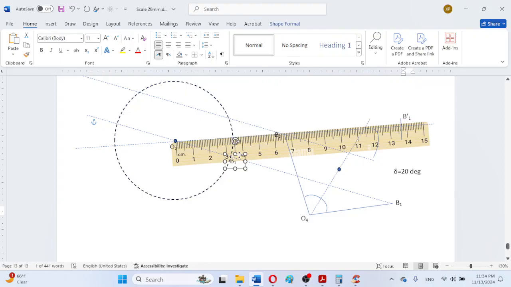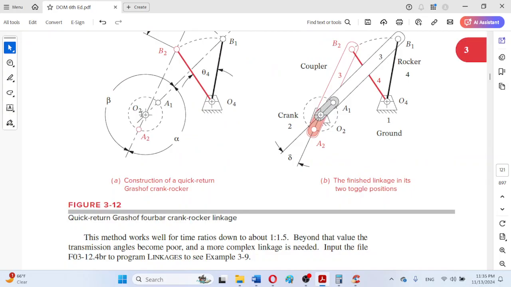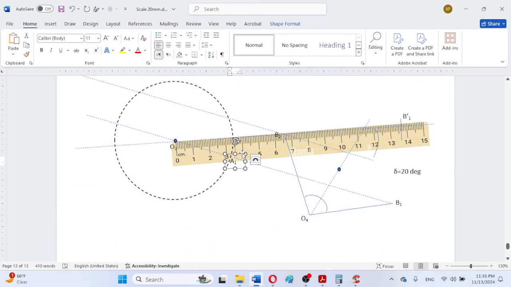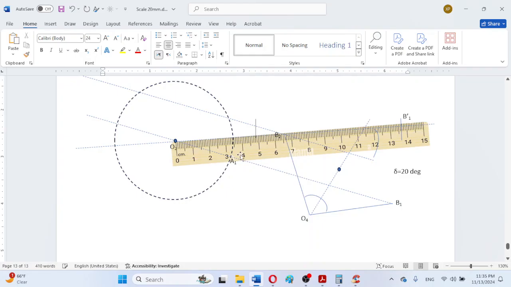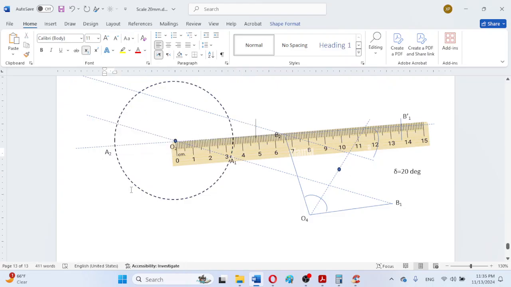This is actually A1, as shown in the book. This is A1 and this is A2. So just copy this label and paste it here and change it, so this will be A2.